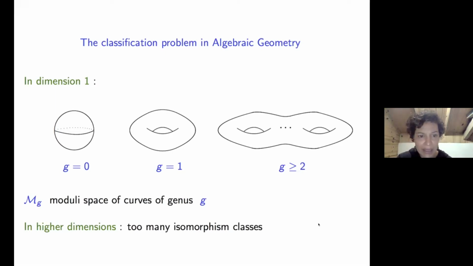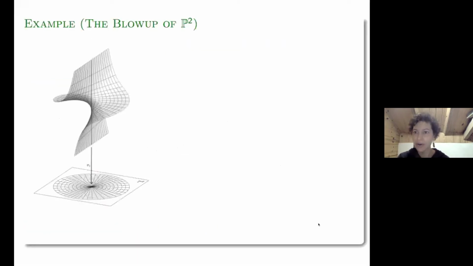Let me explain this statement by discussing a very concrete example, which is the blow up of P2. In algebraic geometry, we have this very basic and important construction, which is the blow up of an algebraic variety. Let me tell you first in words and then in equations what the blow up of the projective plane P2 is.